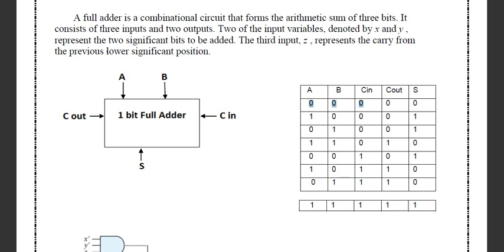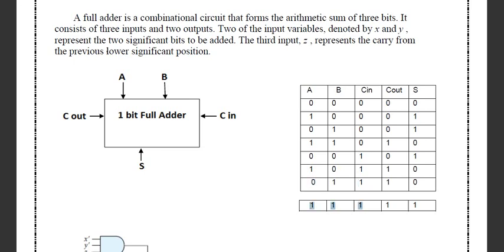That means the first value is 0. Then you can write it as 0, then 1, then 2, then 3, then 4, then 5, then 6, and lastly 7.